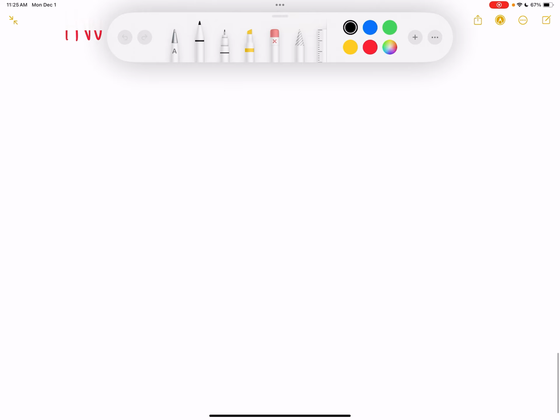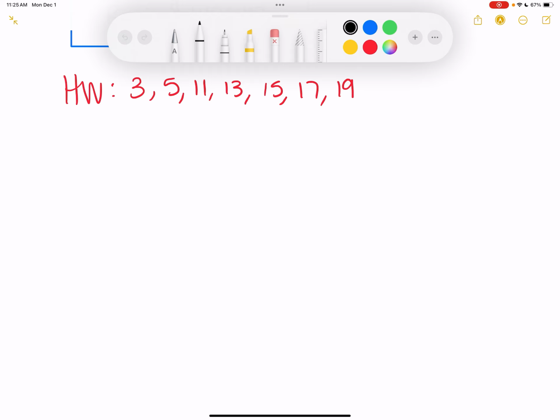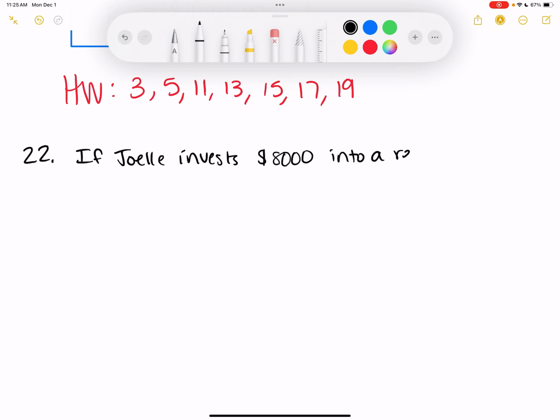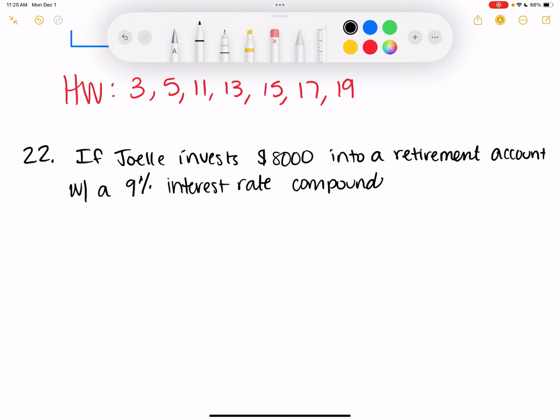So 22, and these are short little word problems. They're not anything too crazy. If Joelle invests $8,000 into a retirement account with a 9% interest rate compounded annually, or wait, nope, I lied.